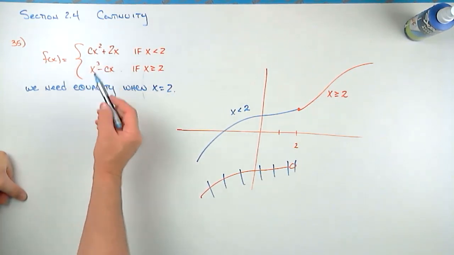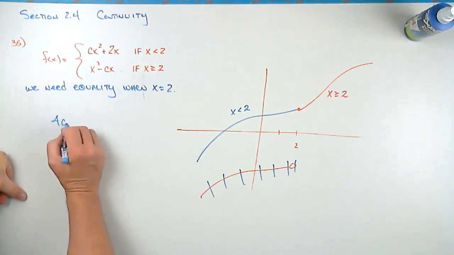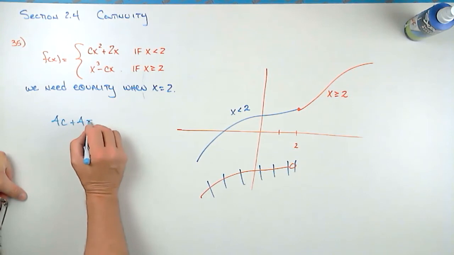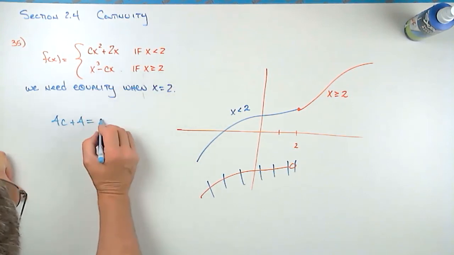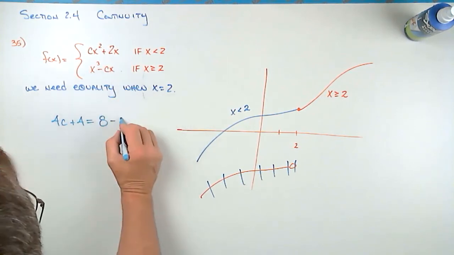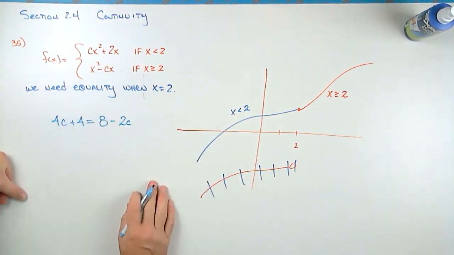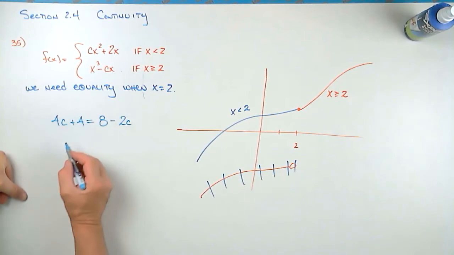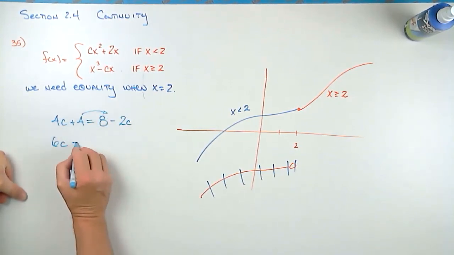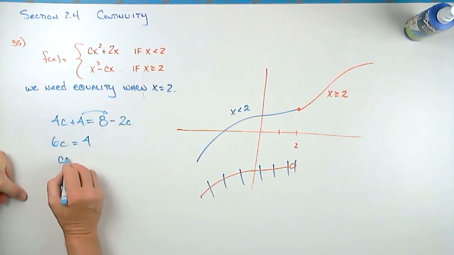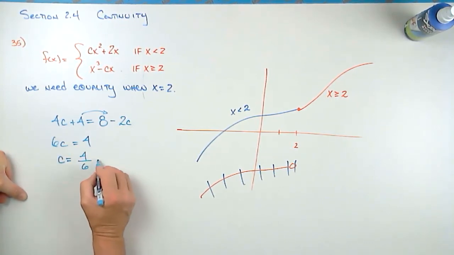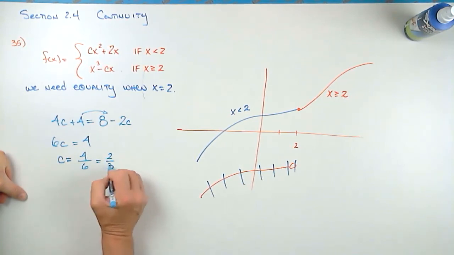So that's c times 4, so that's 4c plus 2 times 2, that's 4, equals x is 2, that's going to be 8, minus x is 2, that's 2c. So I bring the 2c over here, that gives me 6c. I bring the 4 over here, that gives me 4. So these are going to be equal when c is equal to 4 divided by 6, or 2/3.